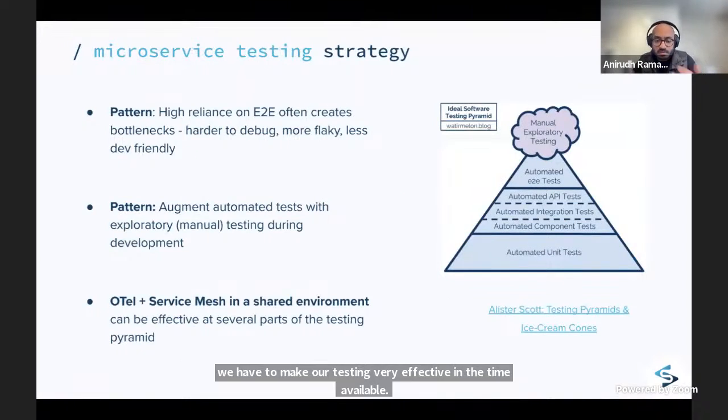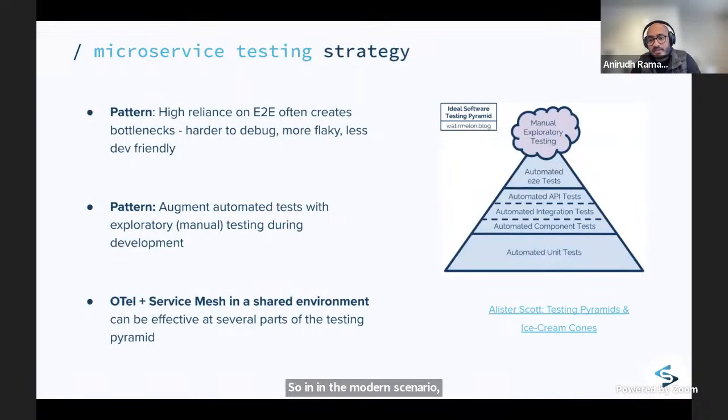So in the modern scenario, this is a kind of testing pyramid that I've seen with a lot of people that I've talked to. The way to read it is, as you go up, it's testing sort of businessy things, like a feature or some big scenario for the product. And lower down, it's testing very small, specific pieces of functionality so that if you have a failure, you know, okay, this is exactly where it occurred.